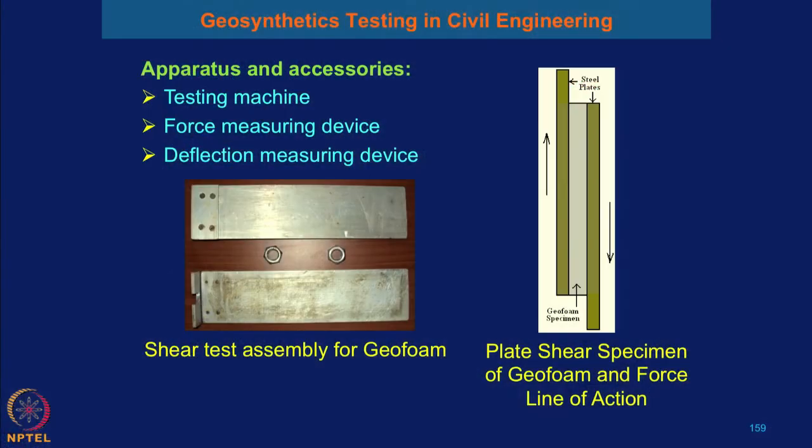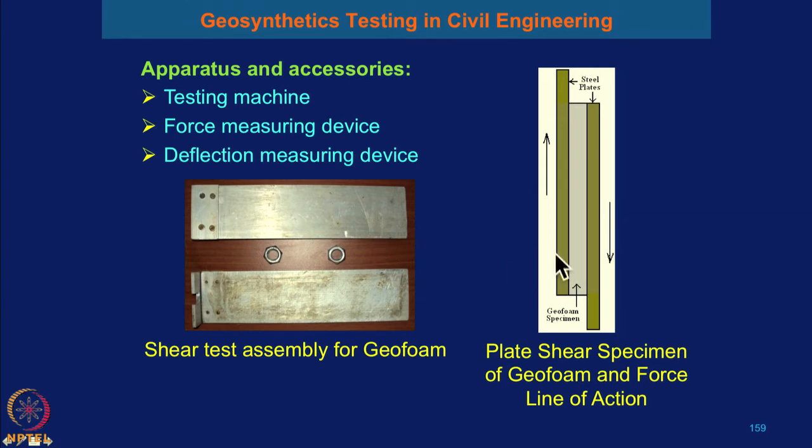So here I will show you that apparatus. You require a testing machine, a force measuring device and a deflection measuring device. This is the shear test assembly for geoform, developed in IIT Bombay.